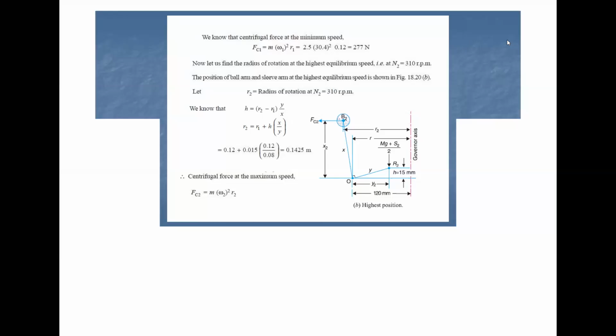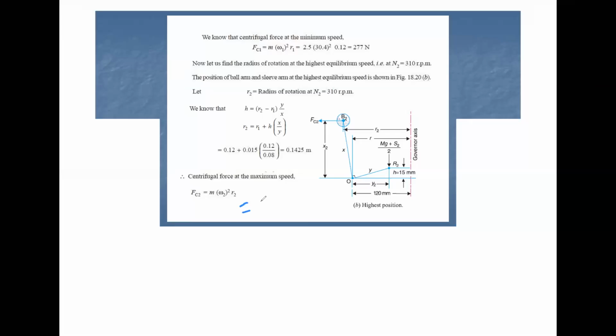Roll number 385, respond. Tell me the value.